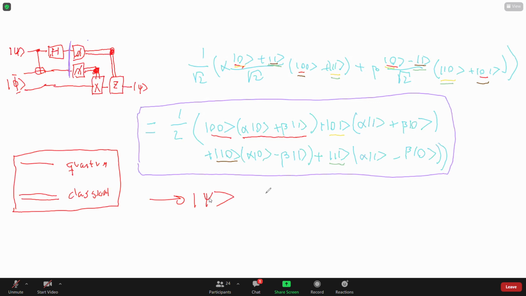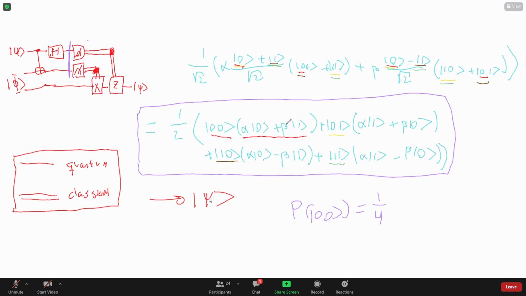Now, the final thing I want to say about this is that if you look at the probabilities for measuring, for example, 0, 0 for Alice, you can calculate that from this state, and it turns out to be 1/4, because you have 1/2 in front of 0, 0.